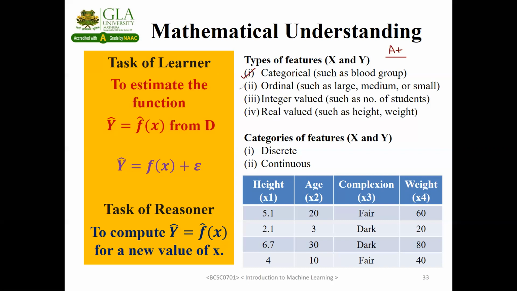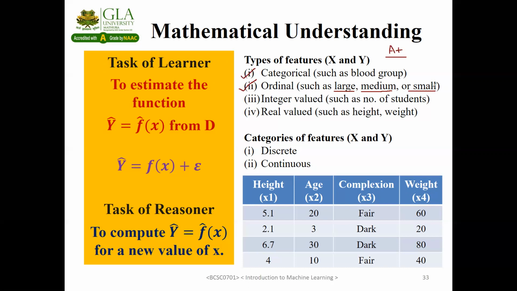Then if the categorical values have some order associated with them, for example, the height of a person. If the height of a person lies in a range, then we call him large, medium or small height. However, in this large, medium, and small, they are categorical.